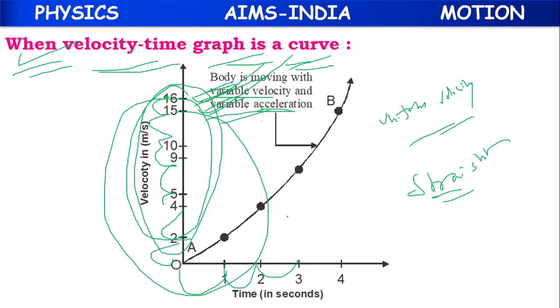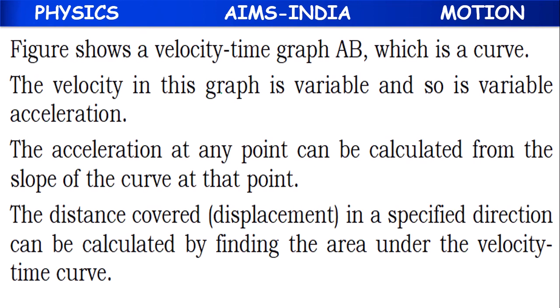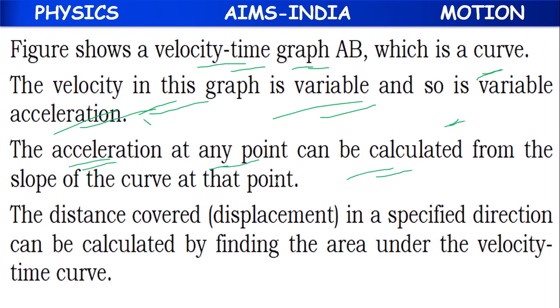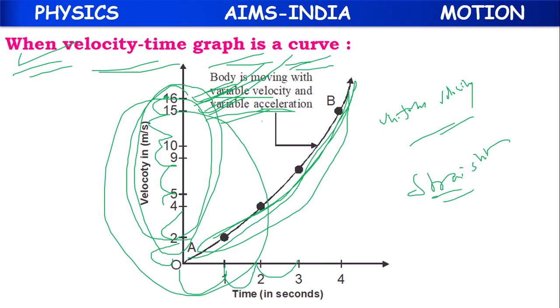So here AB is a curve, the velocity time graph which is a curve. So the velocity will be variable, so acceleration will be variable. Acceleration at any point can be calculated from the slope of the curve at that point. If you want to find acceleration, we cannot find it for the entire body.